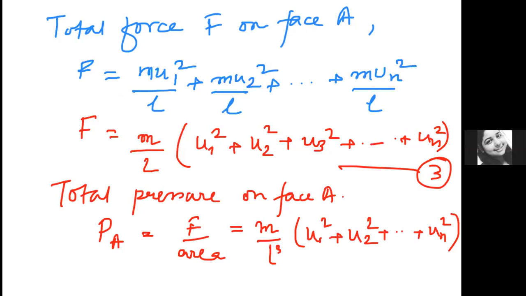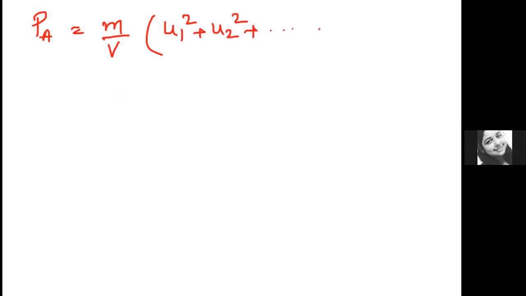Now tell me one thing. What is this LQ? LQ is actually V. So I can replace this LQ by V and write accordingly. So PA equal to M by V into U1 square plus U2 square plus dot dot dot plus UN square. Fine. Let this be 4.